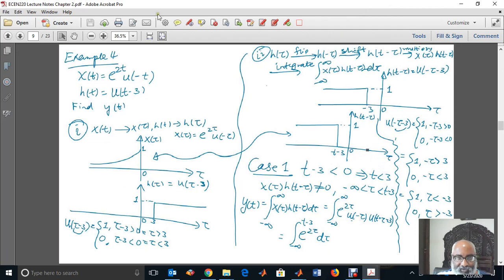The product of x(τ) times h(t-τ) will be x(τ) from minus infinity to 0, and 0 otherwise, because anything to the right of 0 gives zero for the product. So the product of the two will be from minus infinity until 0.